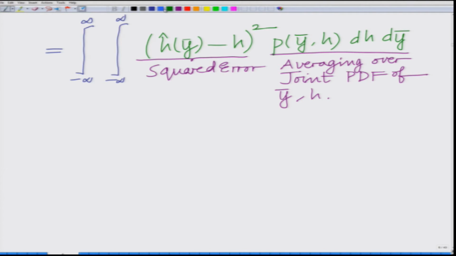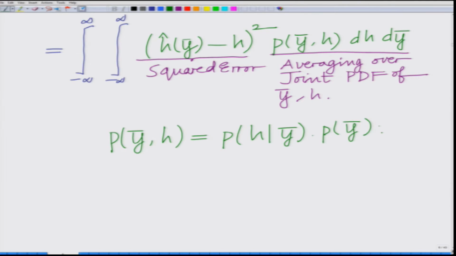Now we are going to use the following property of the joint probability density function. P of y bar comma h can be expressed as P of h given y bar times P of y bar.